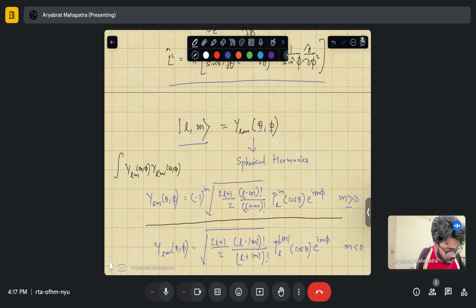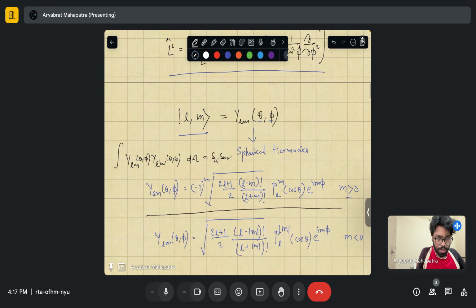integrated over d omega, that will be delta of l minus l prime and delta of m minus m prime. Something you know already, these deltas represent orthonormality, or orthogonal relations.